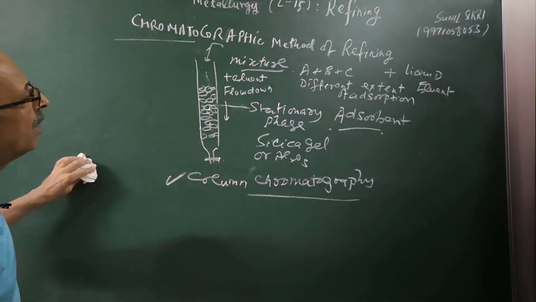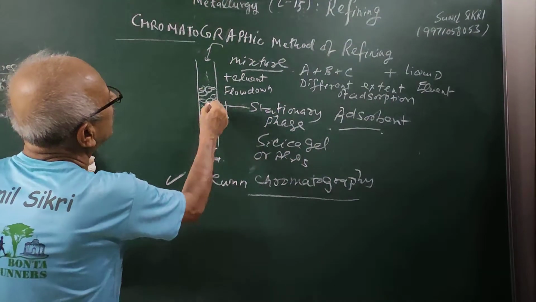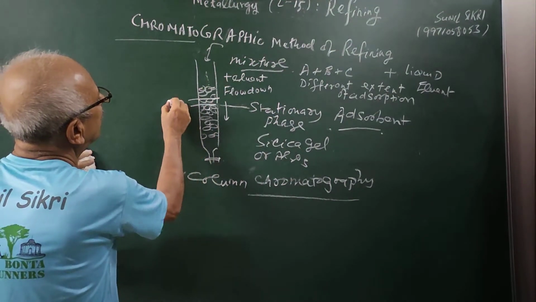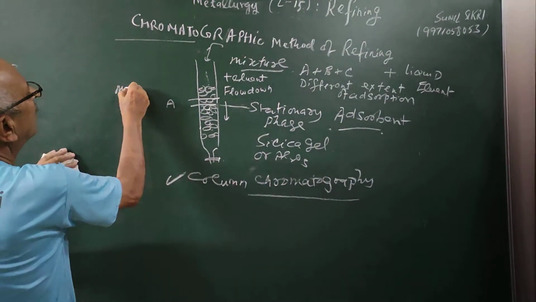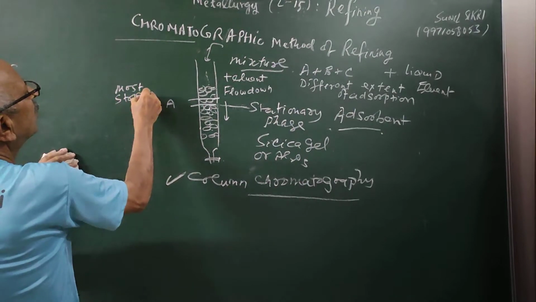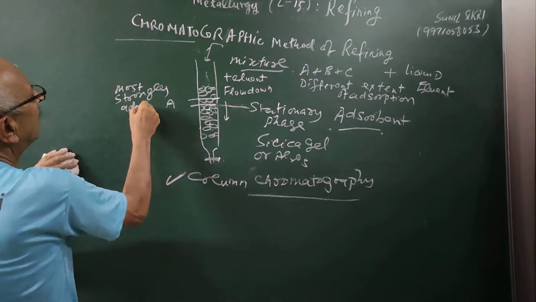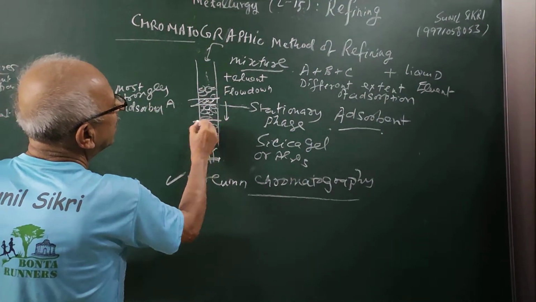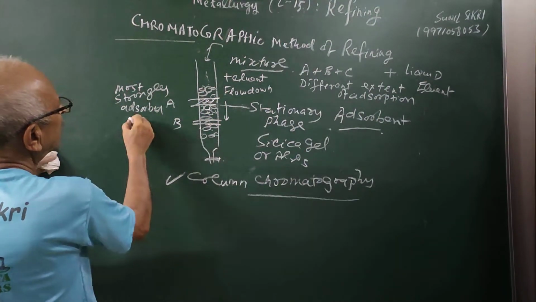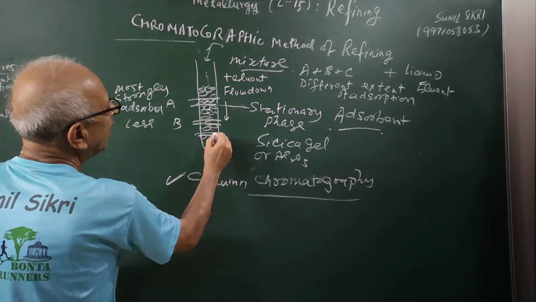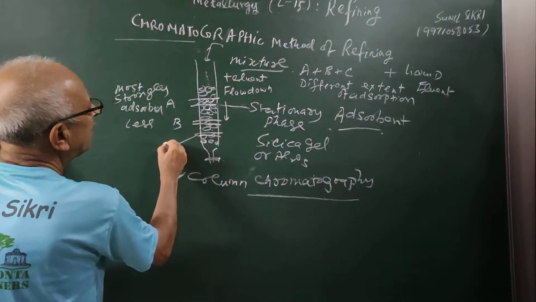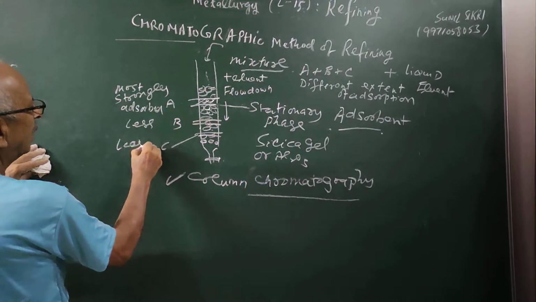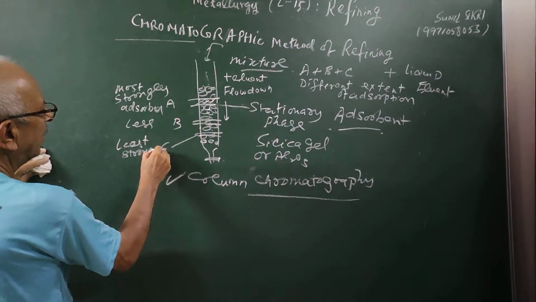As it flows down, the material which is most strongly adsorbed, supposing A is most strongly adsorbed, will be adsorbed first, then B less strongly, and then C, which is the least strongly adsorbed.